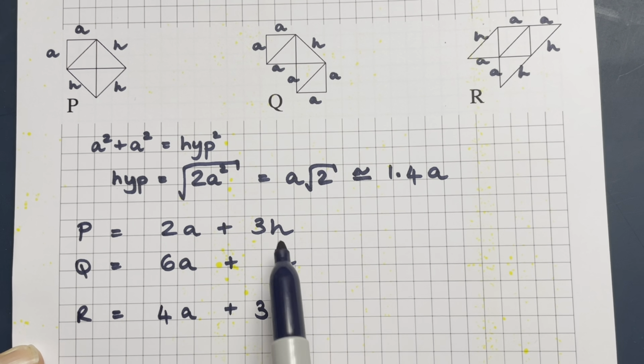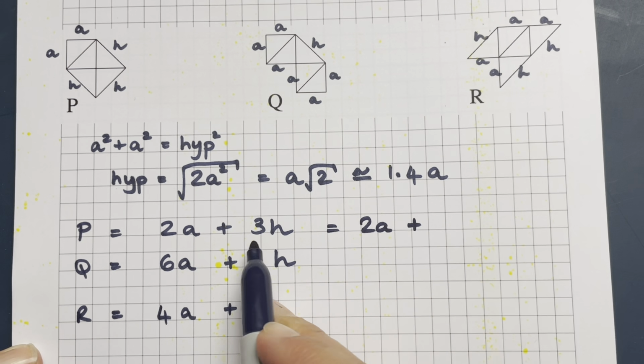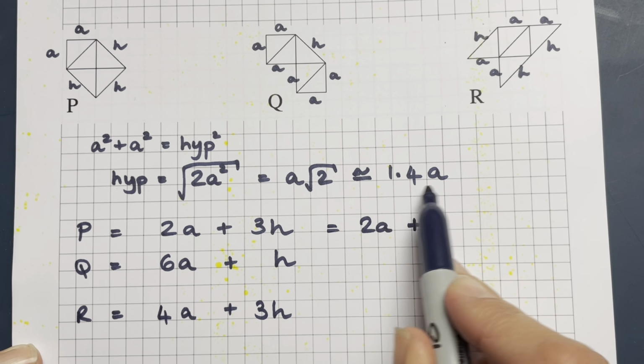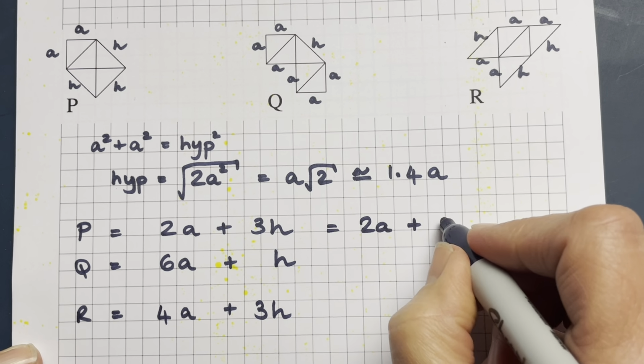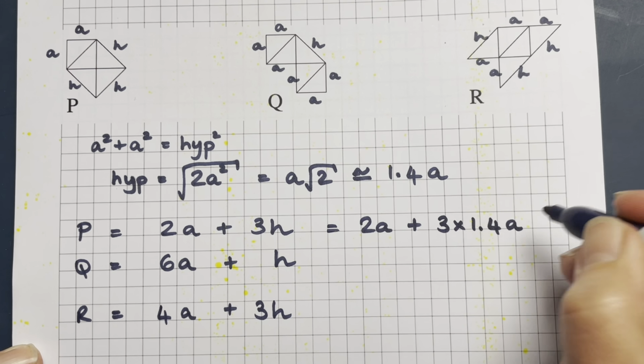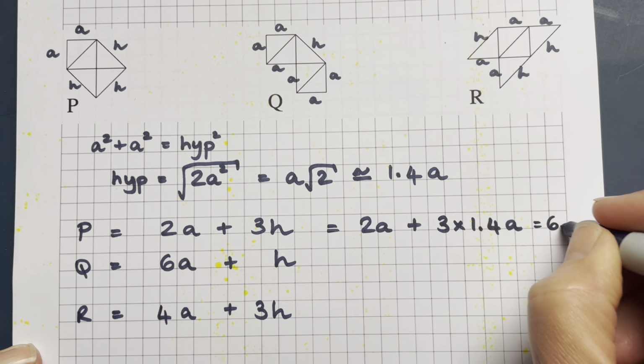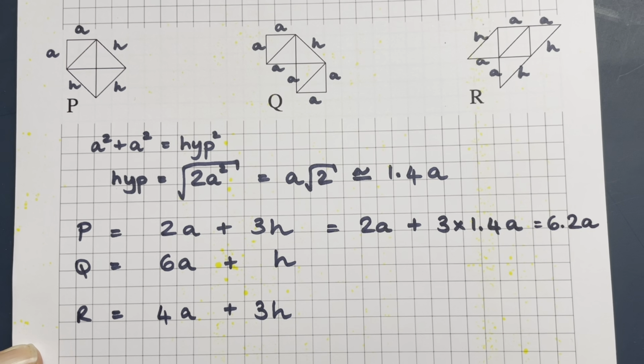So what I'm going to do is I'm just going to use approximation. I've got 2A, and I know that H is about 1.4A. So I've got 3 lots of 1.4A. So that's going to be 4.2. So that's going to give me 6.2A approximately. Remember, we're just working it out approximately.